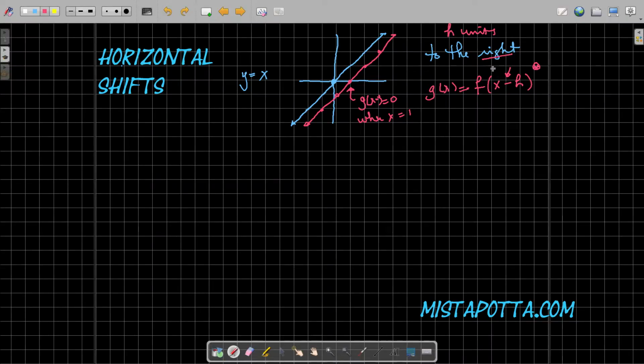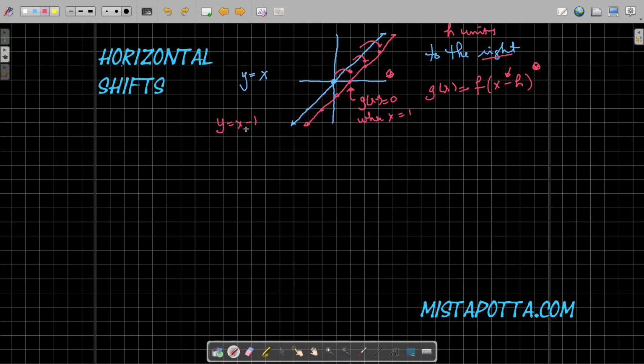Normally I think numbers to the right, well, the right is where my positive numbers are, so I should be adding something. In reality, we subtract something because we want to know what we have to do to make this expression equal to 0 or equal to whatever the previous value is. And so really what I've got is y equals x minus 1 is a shift 1 unit to the right.